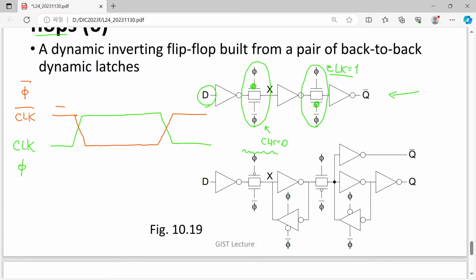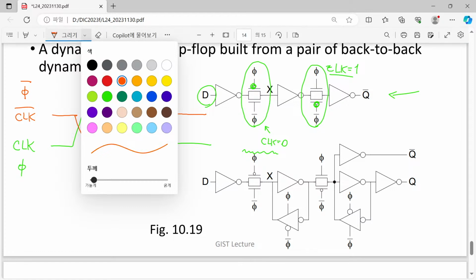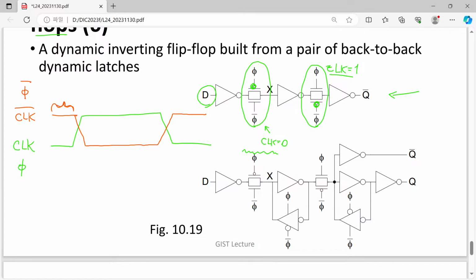So when we have this diagram, where do we have clock bar equal to high? You can understand there will be the time scale here. The clock bar is entirely 1.